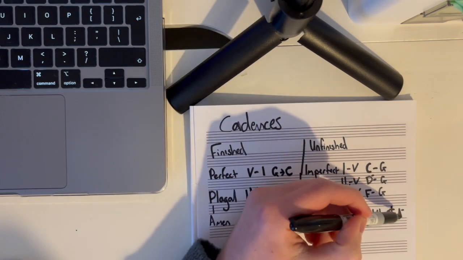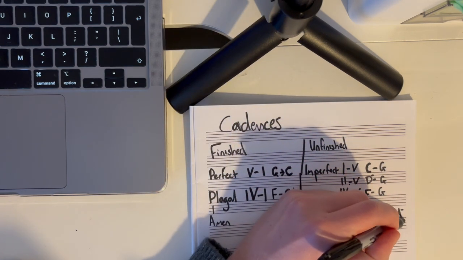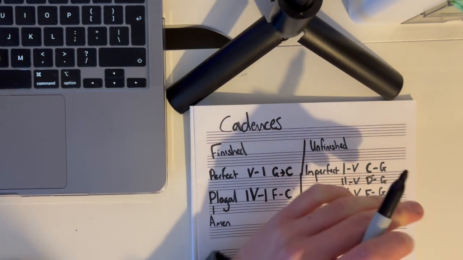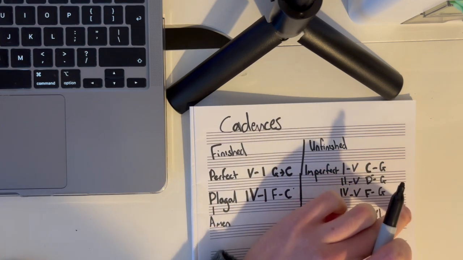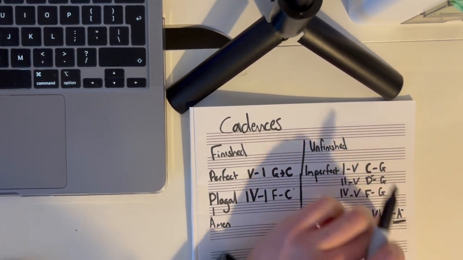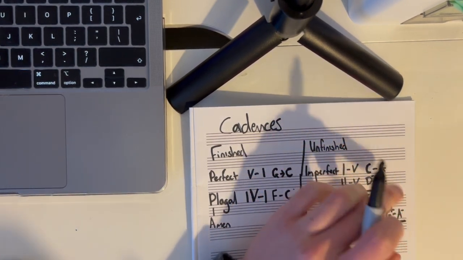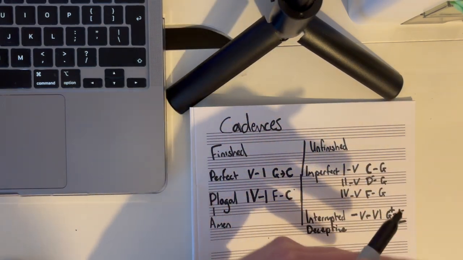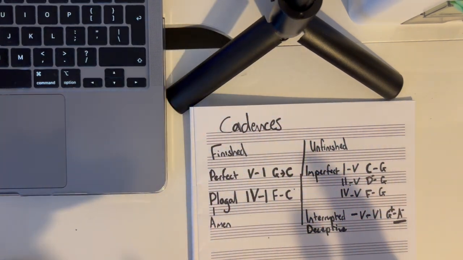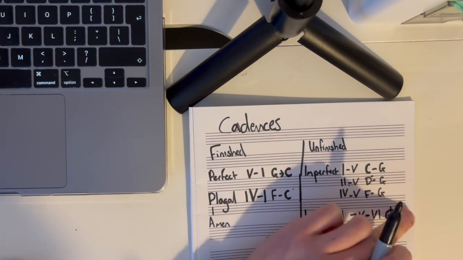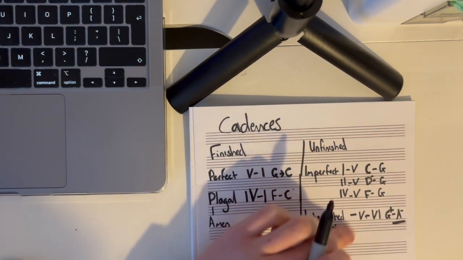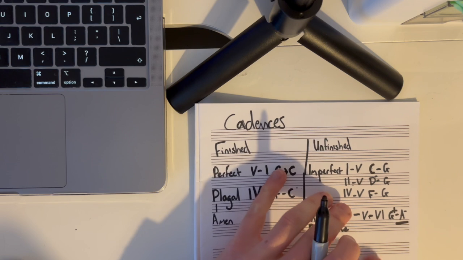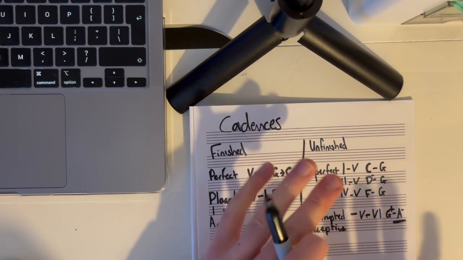Because this is your relative minor, so you're playing the chord that would suggest the relative minor, because A minor is the same key signature as C major. You just start on a different note, there's a different bass, so you're going to the relative minor here with an interrupted or deceptive cadence, which makes it sound a bit kind of wahey.